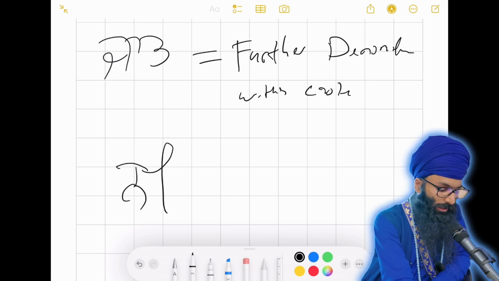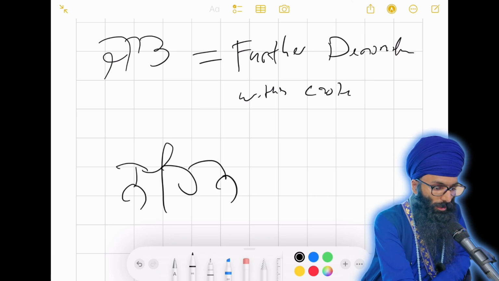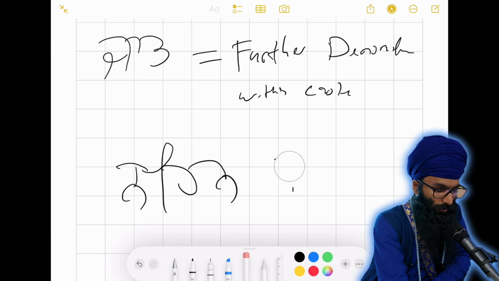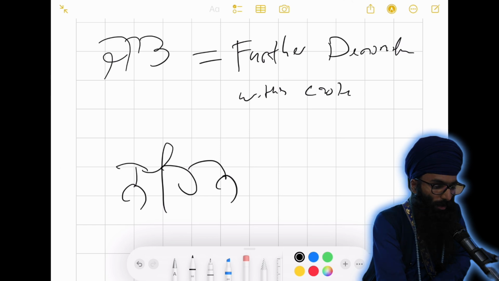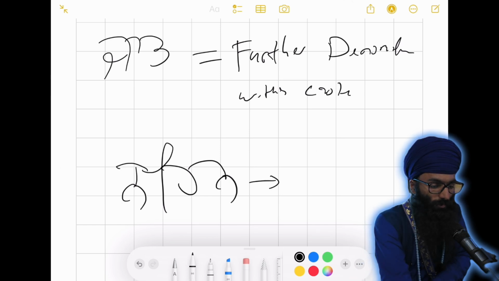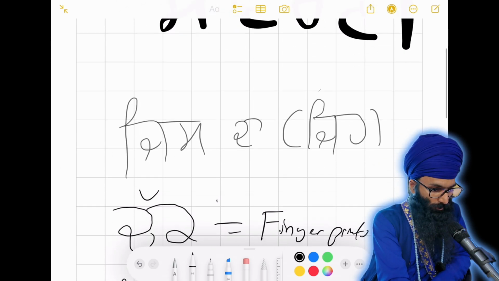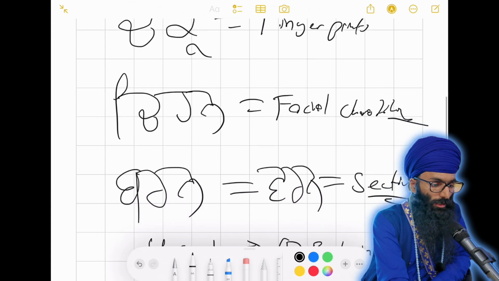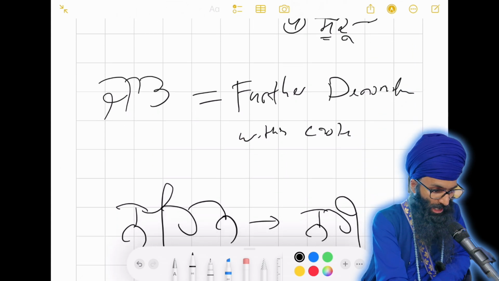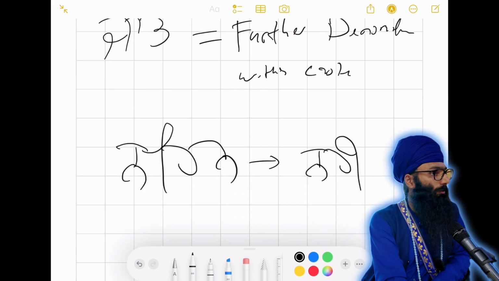Okay, this is the last word that we didn't do. Nahin, so we did jah already. We said jah means jis. Nahin means nahi. Not, right?